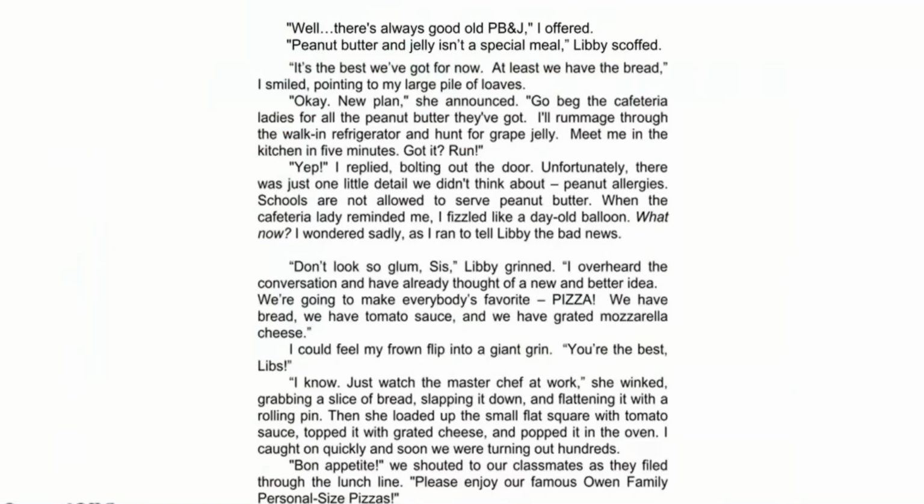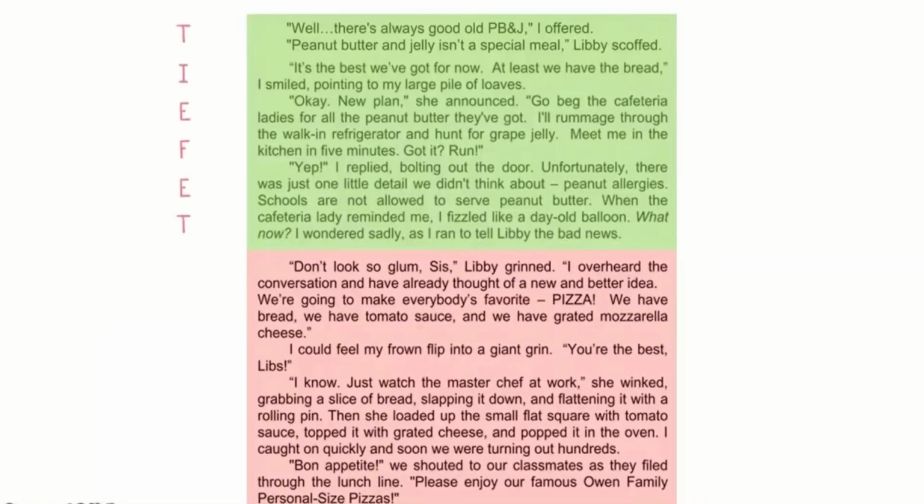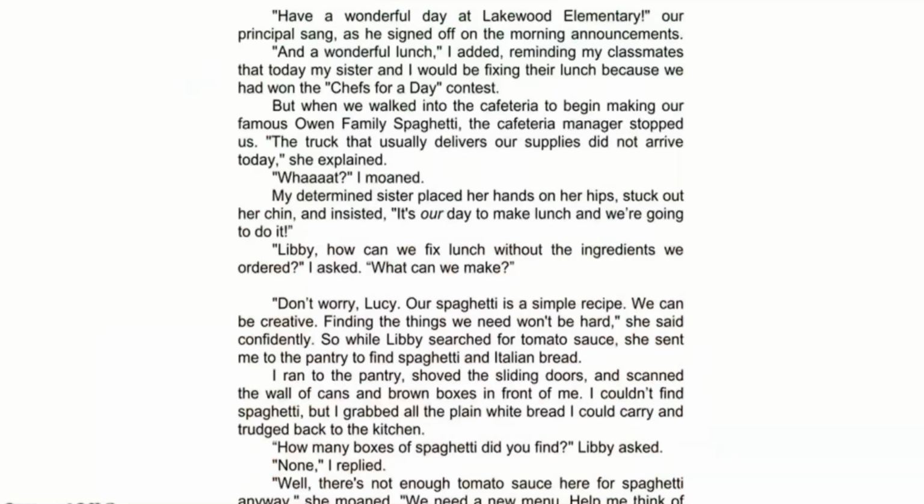So, to recap my last two paragraphs, I had my second attempt that failed, and my third attempt that solved the problem, where I used TIE-FET to show my attempt that failed, and TIES to organize my solution. So this is what my story should look like.